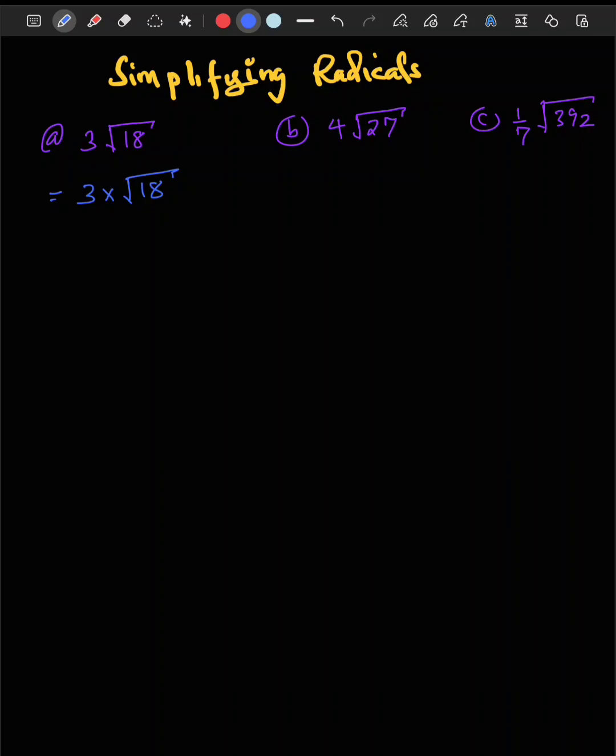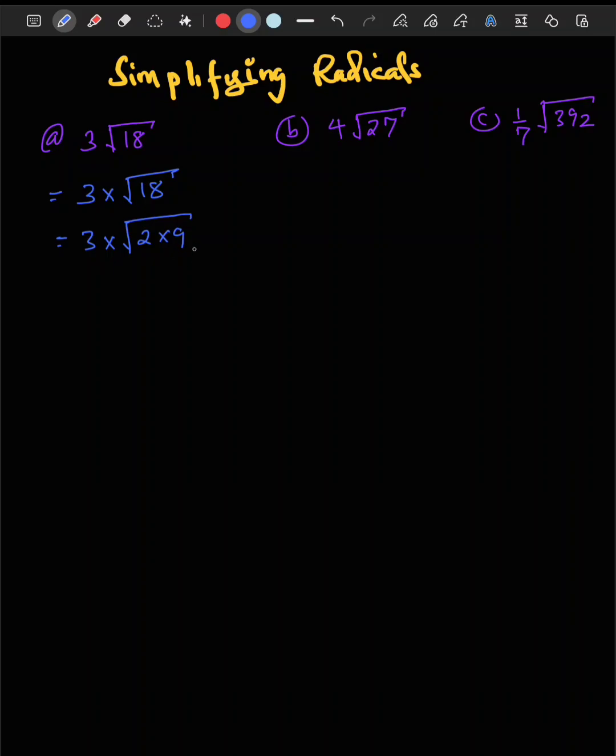And you remember from the previous video what we said about simplifying the square root of 18. We said first you need to write 18 as the product of a perfect square number and another number. And as we said, 18 can be written as 2 times 9, because 9 is the perfect square number.